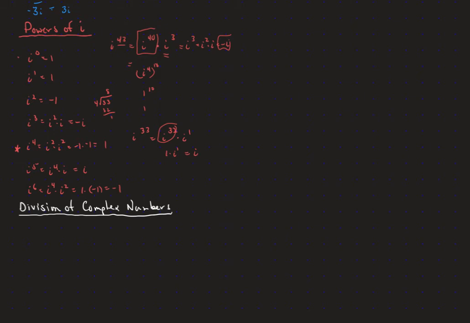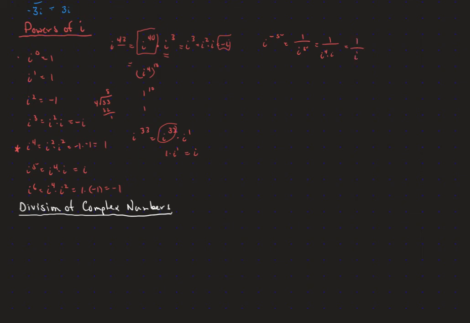Now, we can do that also with negative exponents. So i to the, say, negative 5 is 1 over i to the 5th. We can break that down and think i to the 5th is i to the 4th times i. i to a multiple of 4 is 1. So that's 1 over i.